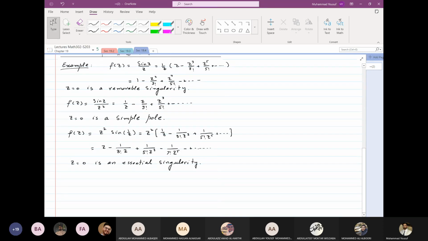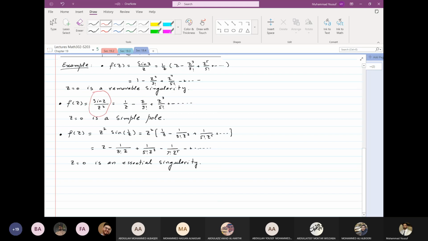And here you see we have 1, 2, and 3 examples. In number 2, if we have z power 3, z power 4, z power 5 in the denominator, then we will not have a simple pole, we will have a pole of order bigger than 1. Let me make it in red color.